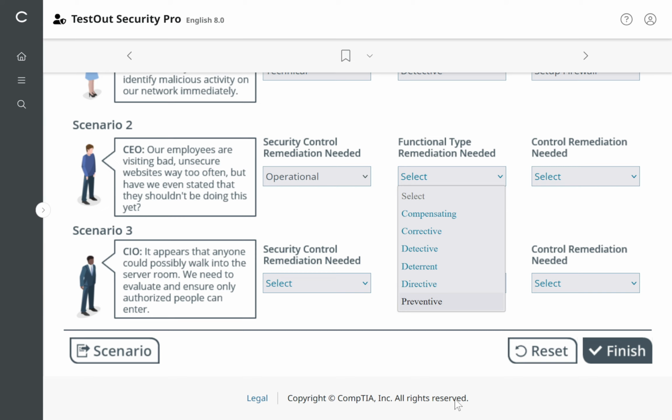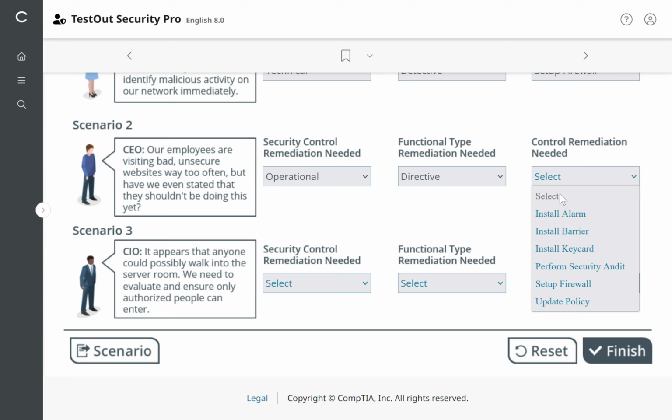If the CEO is the one in charge of enforcing a rule of behavior, they should just fall under directive. So what is usually enforced? Policies, guidelines, and standards are usually enforced. So let's take a look at the control remediation. The only control remediation which will suffice here is to update the policy.